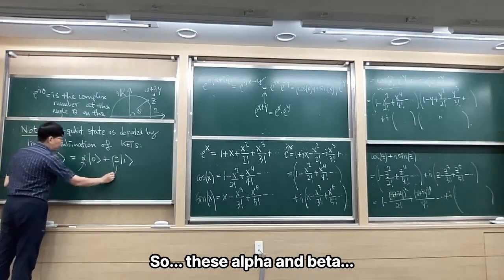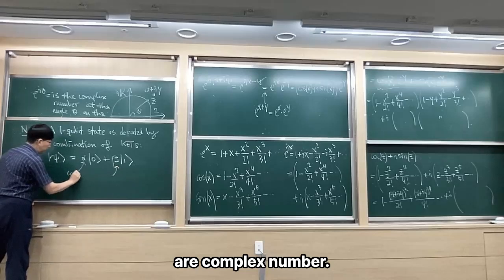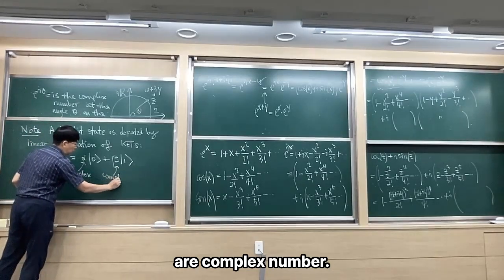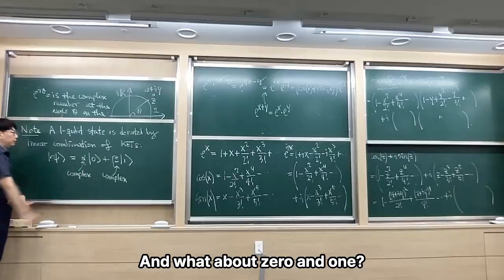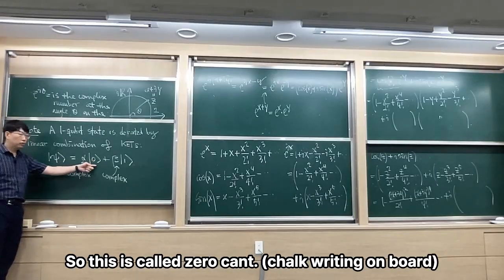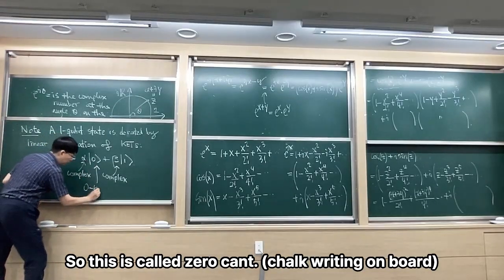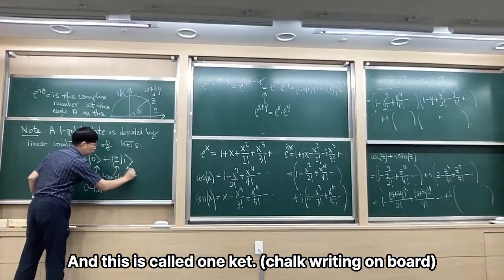So these alpha and beta are complex numbers. And what about 0 and 1? This is called 0 ket, and this is called 1 ket.